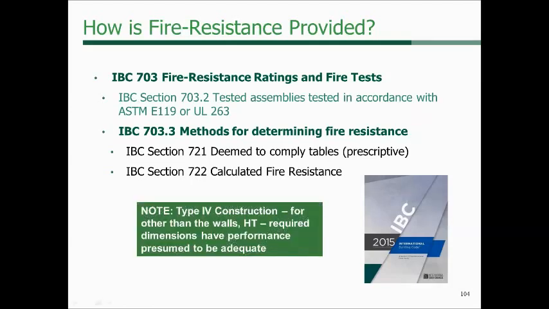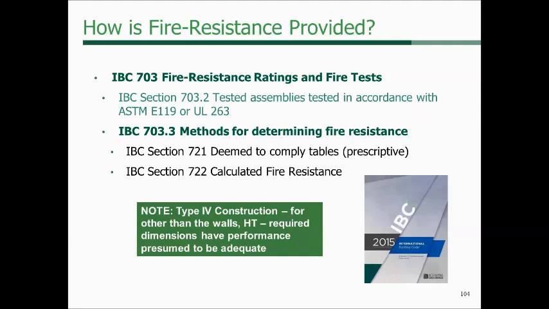Now, the one thing I do want to point out is when we're talking about heavy timber construction, that type of construction does not require a method of providing fire resistance because there are minimal dimensions that are specified in the code that have a performance that are presumed to be adequate to resist fire. And so when I'm talking about calculated fire resistance per Chapter 16 of the NDS, that is for where you have a Type 3 or a Type 5 construction that requires a certain amount of fire resistance.